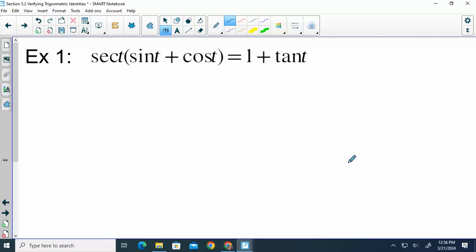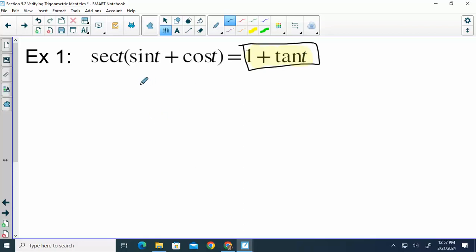We don't want to work this like a typical math equation where you add and subtract things to both sides. We want to box in one of the sides and leave it alone. So which side looks easier? The right. Okay, so I'm going to box that in. This is my answer. That means I'm not touching this again, but I am going to work with the other side until I get 1 plus tangent t.